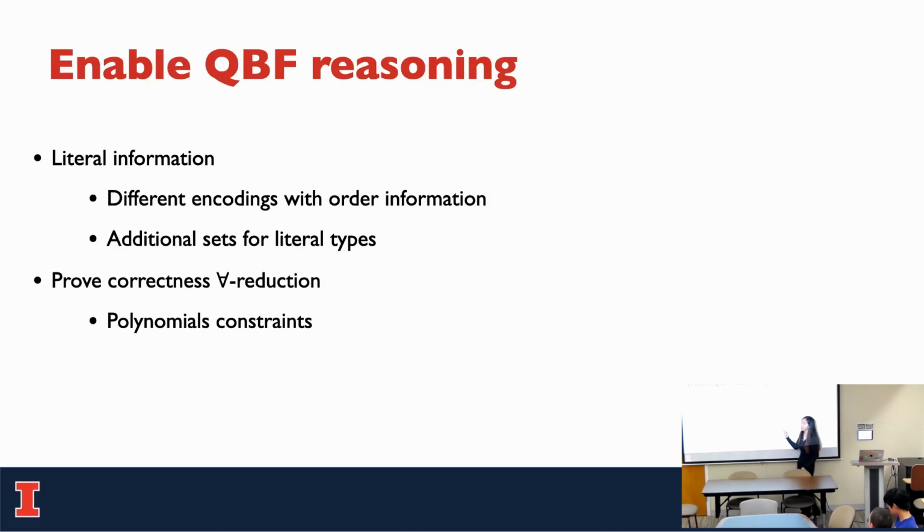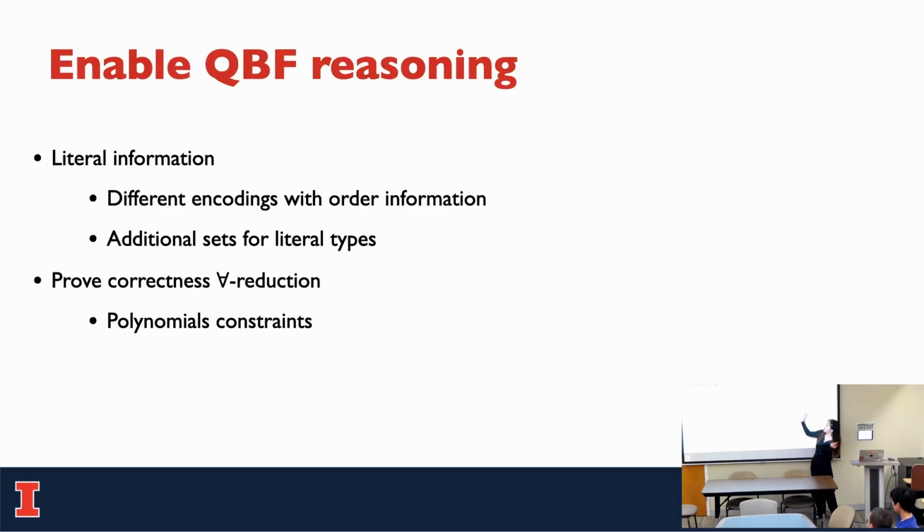One is their type: when reasoning about QBF, we need to check if a certain neutral is a for all neutral or an existential quantifying neutral. Another is the order of the neutral, because when we remove a for all neutral, we need to check if its order is indeed larger than the existential quantifying neutral.